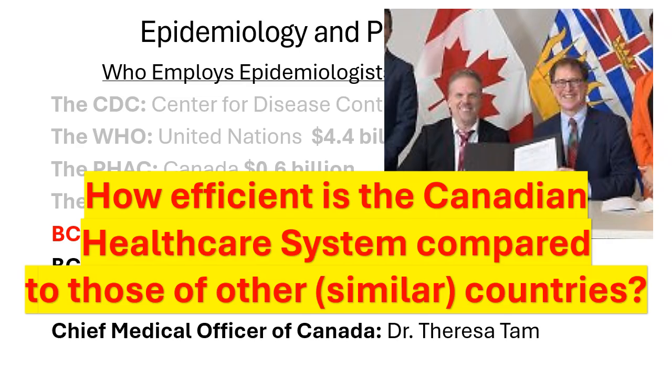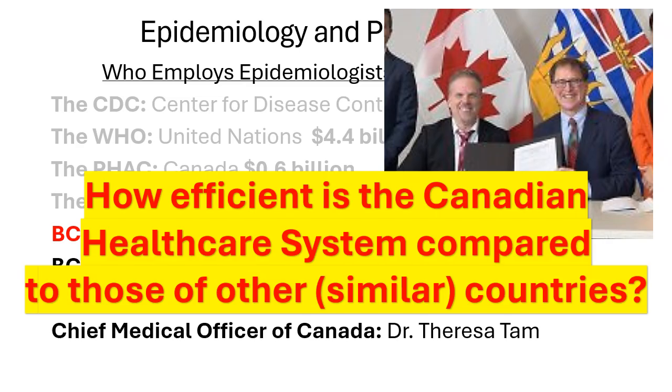All right, now let's ask the question, because we are interested in the economics of healthcare. Let's ask the question of how efficient the Canadian healthcare system is compared to those of our peer countries. Peer, P-E-E-R, means your colleagues or your equivalent comparable countries, right?